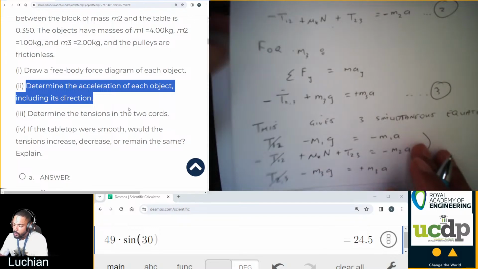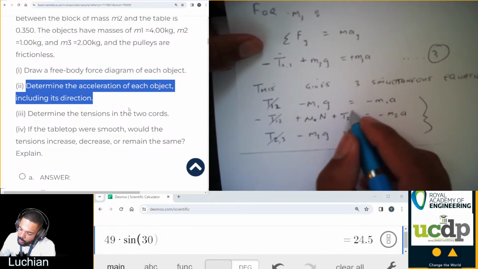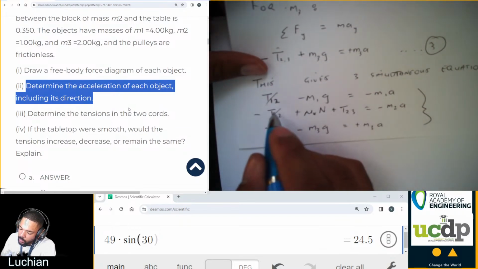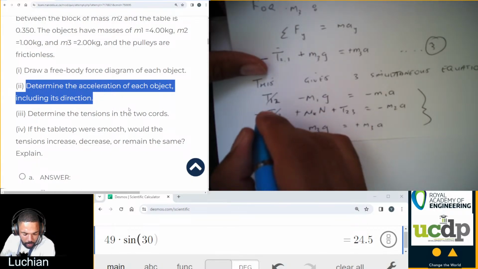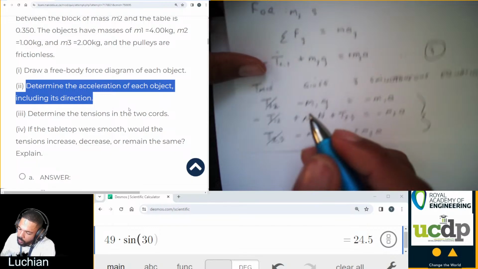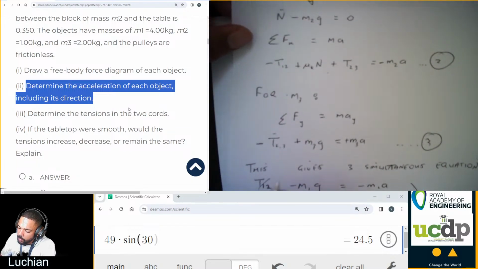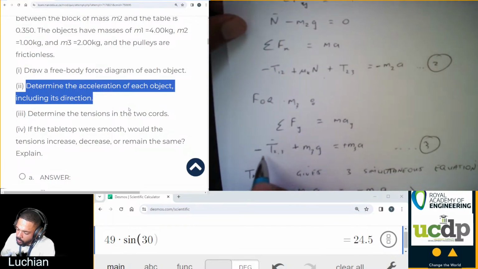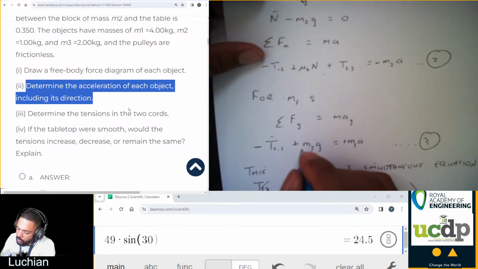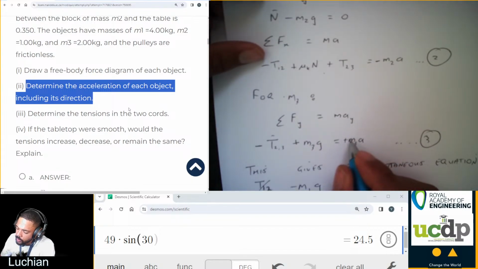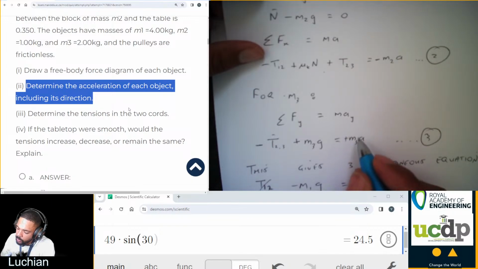Okay, so we have that this one is positive. This one here is negative because it's towards the left. That one should be positive, and its acceleration should be negative.